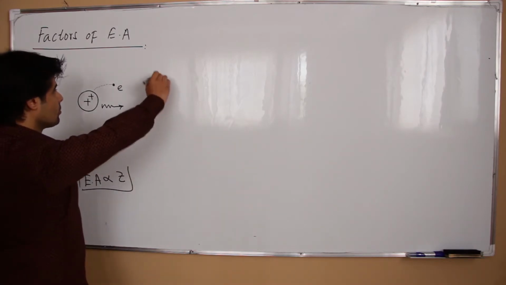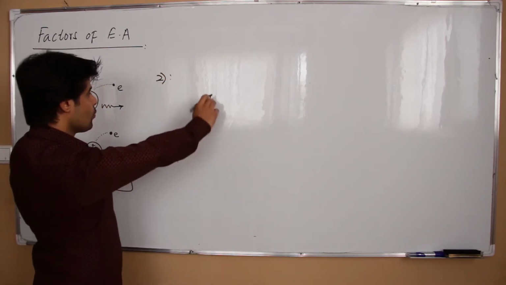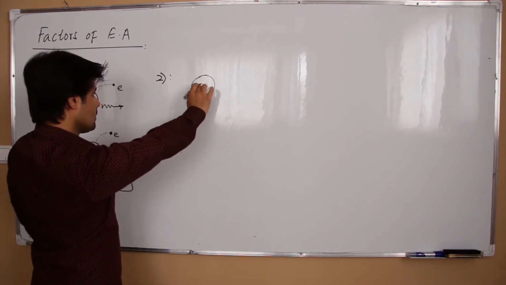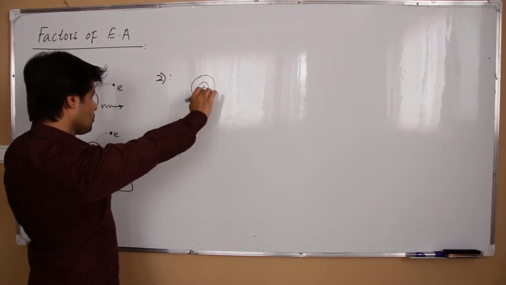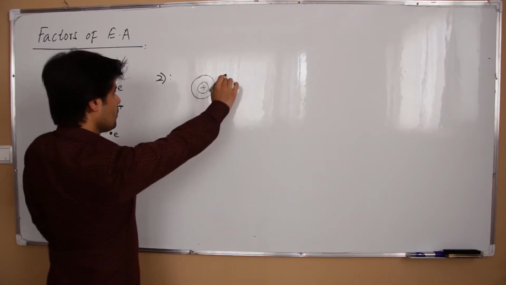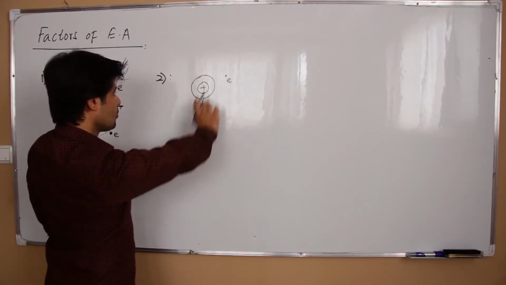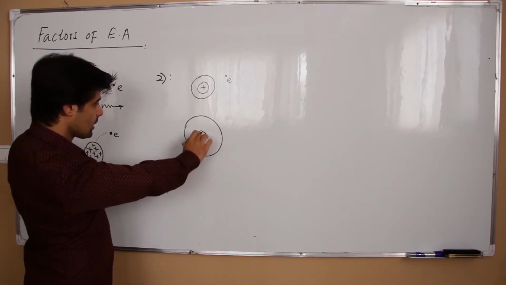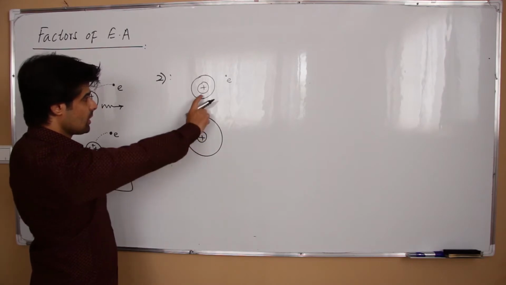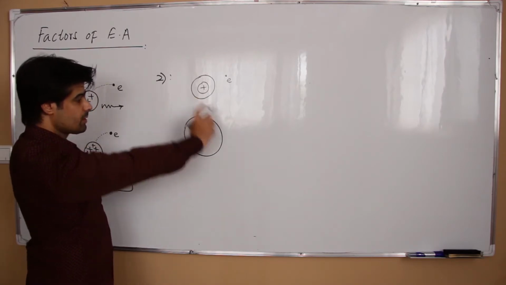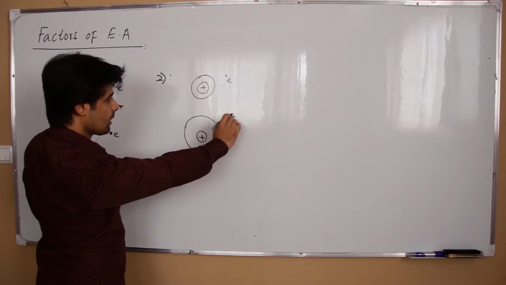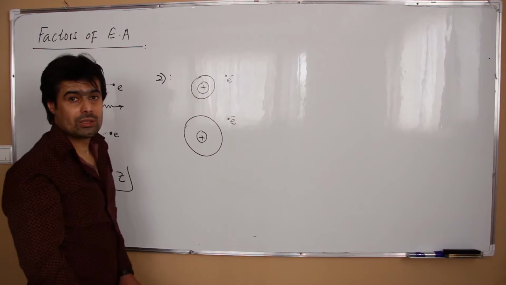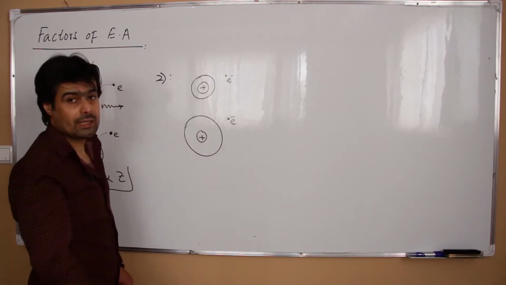Number two, we have an atom which has, for example, a proton and this size. Now an electron is getting close to this atom, and we have another atom which is much larger than the first one. Now what do you think? Which atom will soon accept the electron?